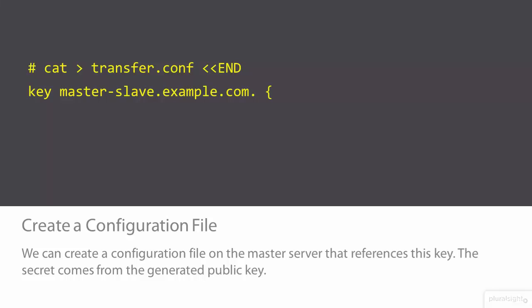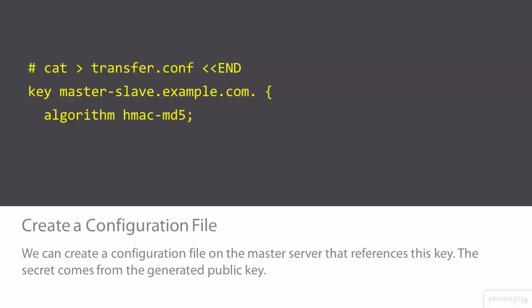We then need to create a configuration file. We could put this straight in our named.conf or one of our option files, but we want to make sure that this is only readable by our bind user. So we're creating in the bind directory a transfer.conf file, and we're going to read in the contents from the command line. So we're referencing our key, and don't forget the dot at the end of the example.com domain.